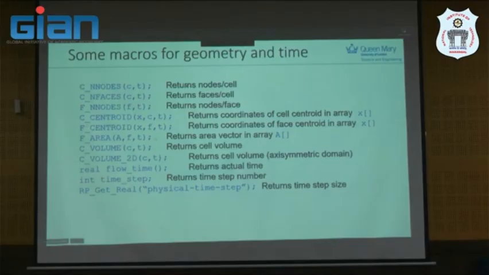For example, using this macro, we can get the cell volume, and with this one we can get the coordinates of the cell centroid in each axis.